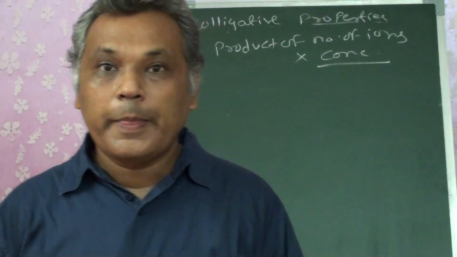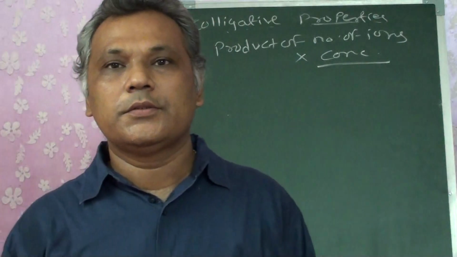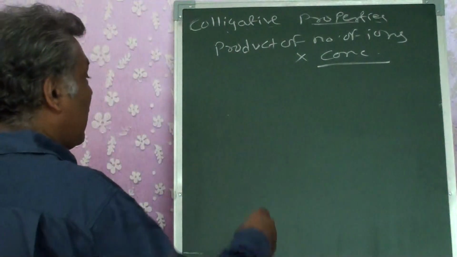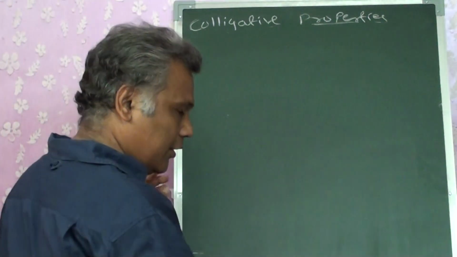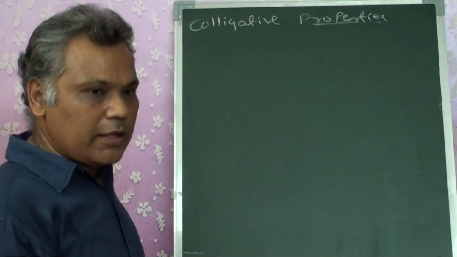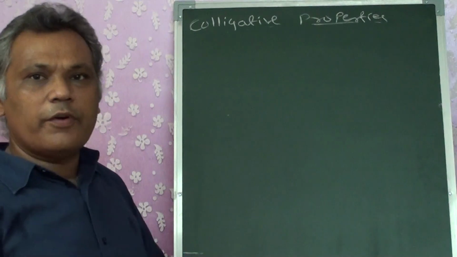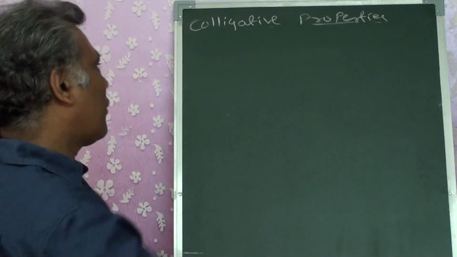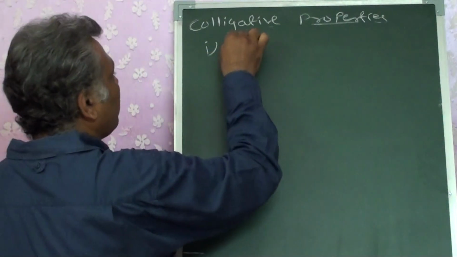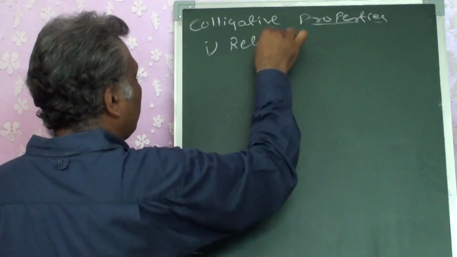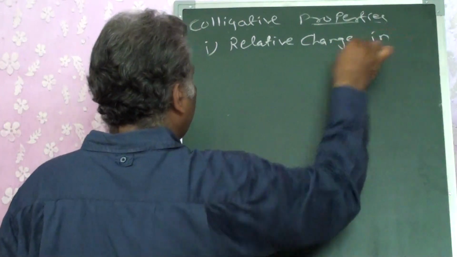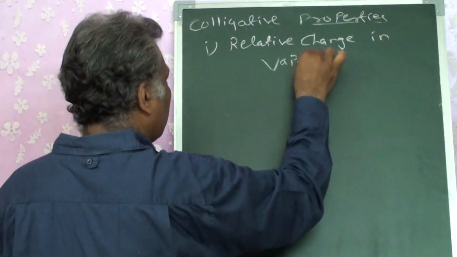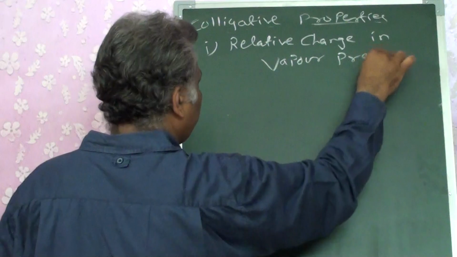But now the question arises: which are those colligative properties? In our syllabus we have four colligative properties to be studied. No doubt there are more than that, but for our syllabus we have four of them. The first one, relative lowering of vapor pressure.